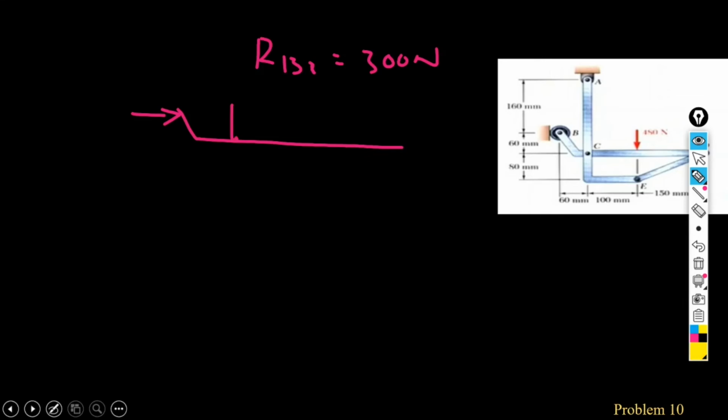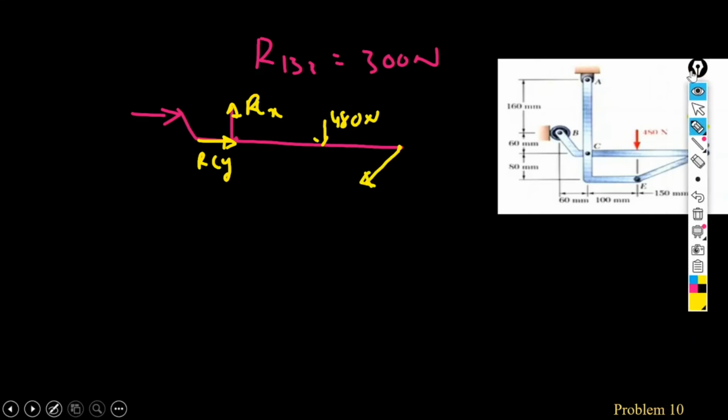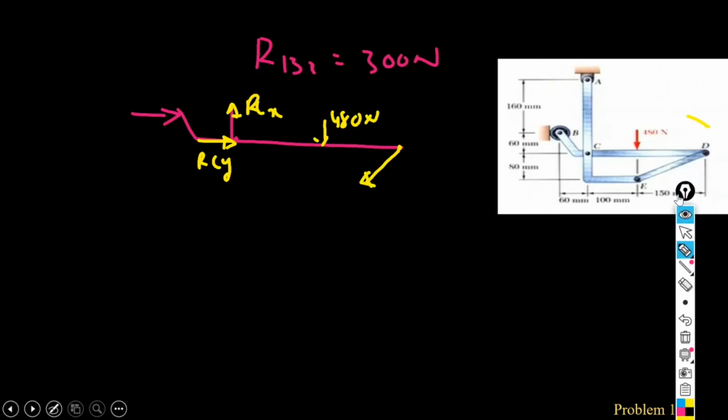Let's say this is RCX and this is RCY. This is the applied force, which is 480 newtons, and at pin D, which is the two force member, the reaction should be acting along the link, like this only.